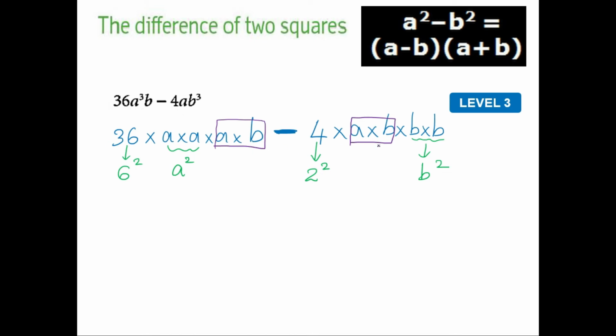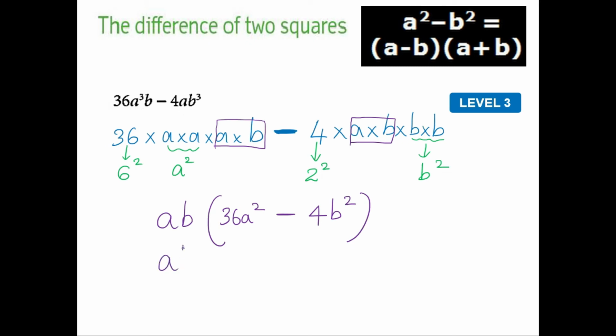So you can clearly see that the term ab, if you remove it, you can have the square terms inside the bracket. Look at that. You have 36a squared. You have the minus, and what is left is 4b squared.